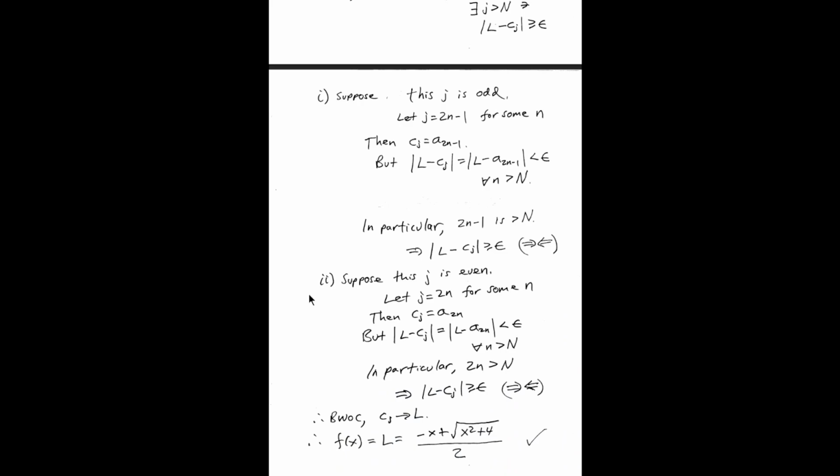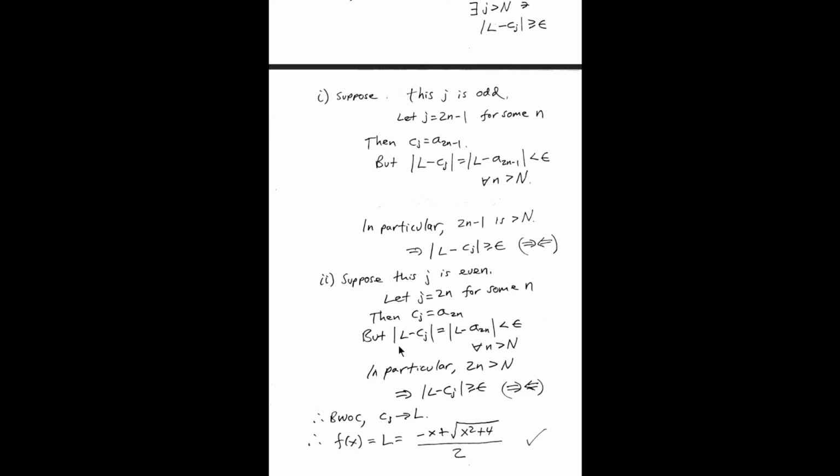Okay, very similarly, case 2: suppose this j we found is even. So we can let j equal 2n for some n. Then our C sub j equals A sub 2n by our definition of our C sub j's.